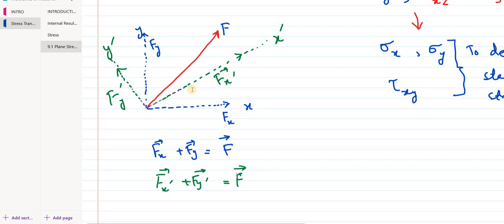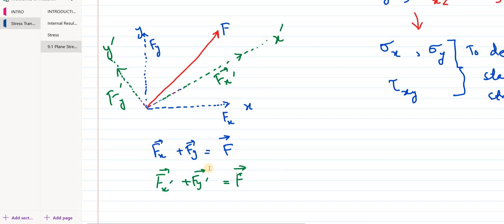So actually we have just one vector and we could determine its components in any set of axes, maybe xy axis, maybe x prime y prime axis, maybe any other axis. So we could represent vector F maybe in xy components or maybe in x prime y prime components.